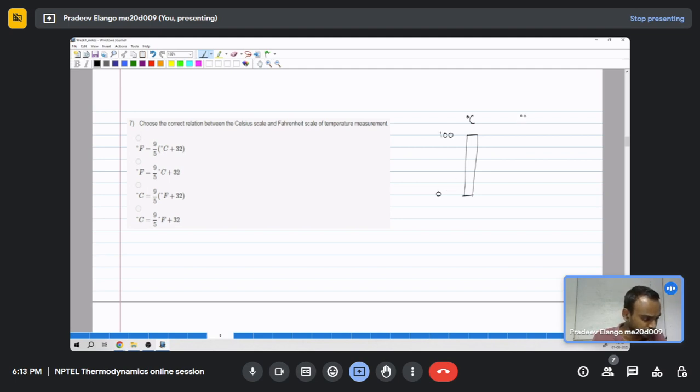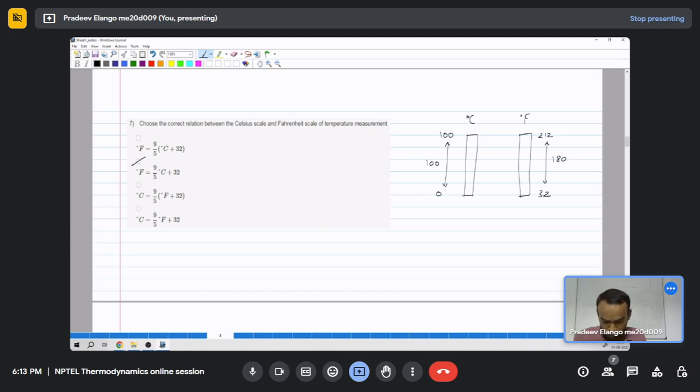And in the Fahrenheit scale, you will have 32 and 212. So this difference is 100 in Celsius scale and it is 180 in Fahrenheit scale. If you use these values and try to fit in here, then you will find that option B is the right one.